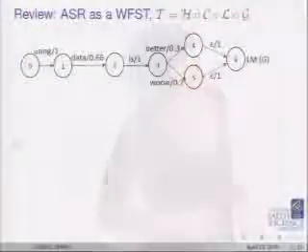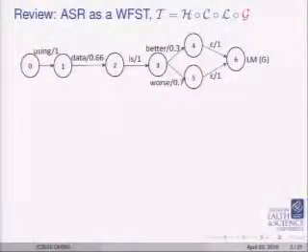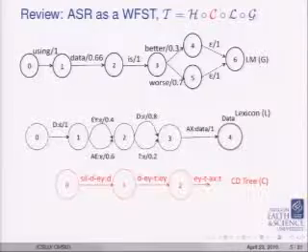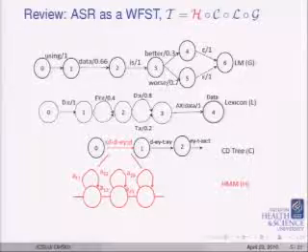G is the language model that defines the context dependency between words. L is the lexicon that maps words into phones. Then the context dependency tree maps the phones into the allophones. And finally, HMM is the acoustic representation.